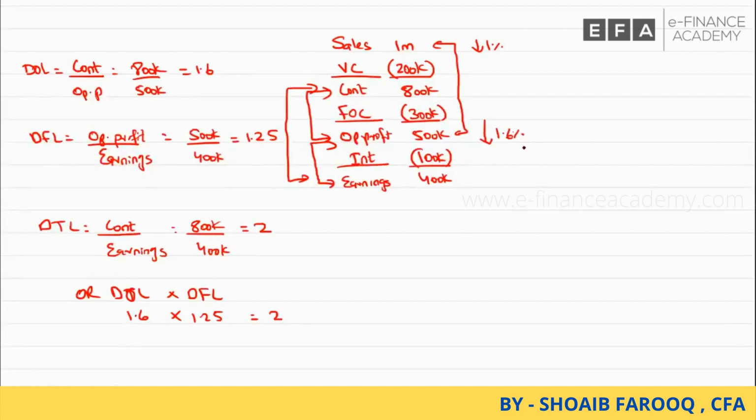As for financial leverage, that is the sensitivity of your net earnings to changes in operating profit. So if your operating profit goes down by 1%, net earnings would go down by 1.25%. If we combine the two and measure the degree of total leverage, which is 2, the interpretation would be, if sales go down by 1%, then net earnings would go down by 2%, because net earnings are twice as sensitive to changes in sales.